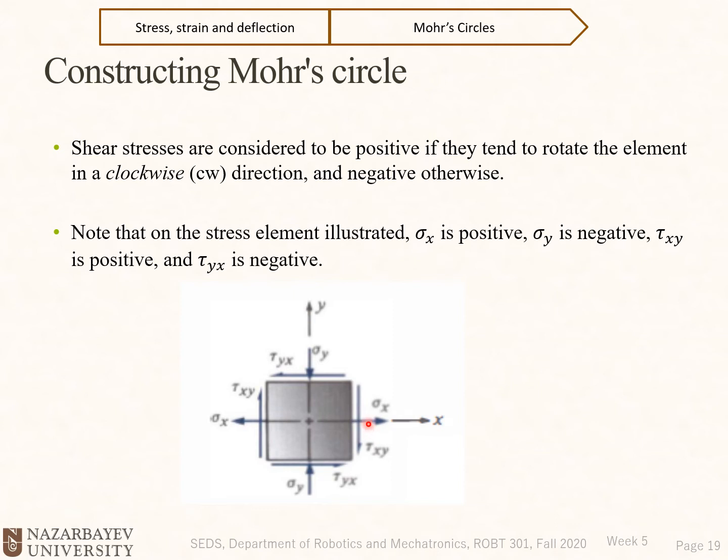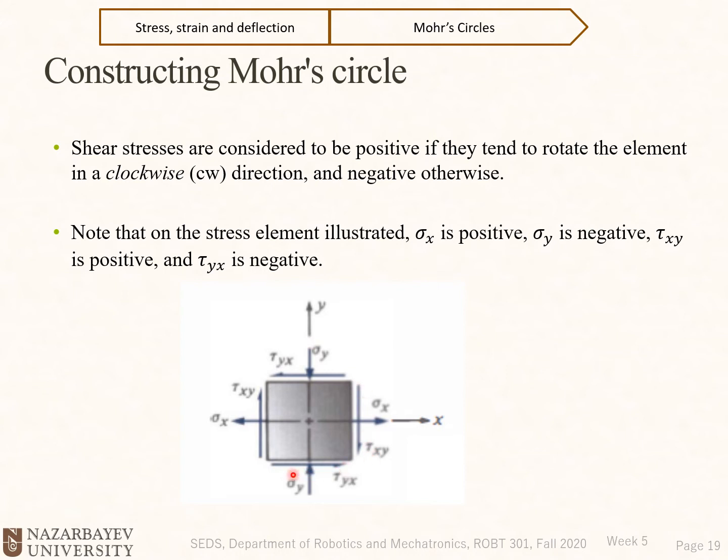When they are outward or tensile, the value of them are positive. So sigma x here in this element is positive. And sigma y is negative because it is inward. Okay, and it's compressive, both for the Mohr circle and stress tensor.